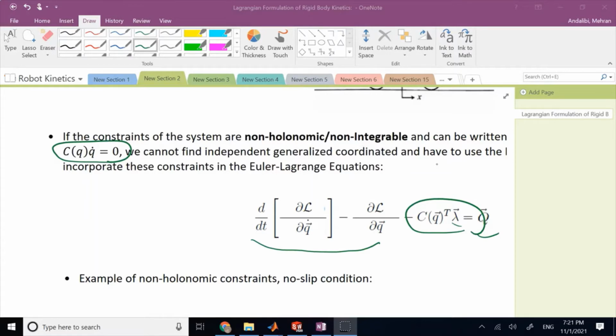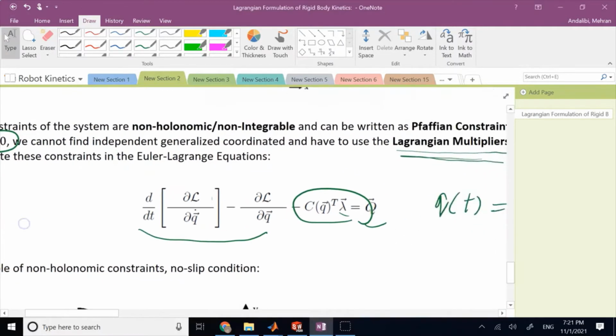What you do is modify your cost function, which in this case is the integral of action.